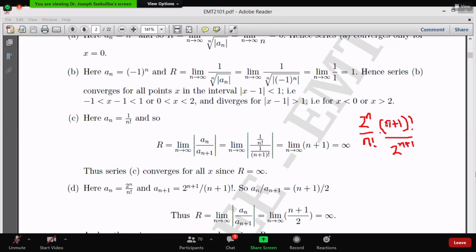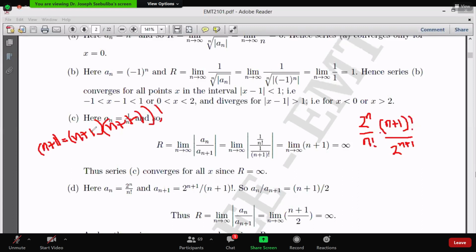Okay, we are going to simplify this a little bit. How? Remember now the n plus 1 factorial is the same as n plus 1 into brackets, then n plus 1 minus 1, factorial.